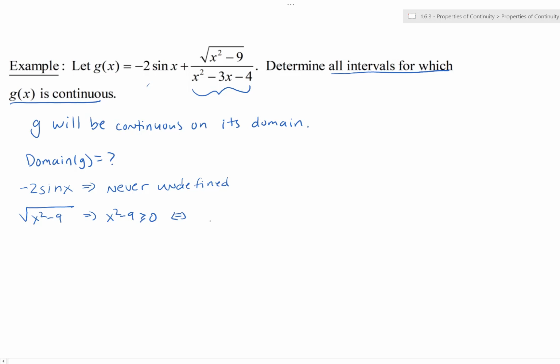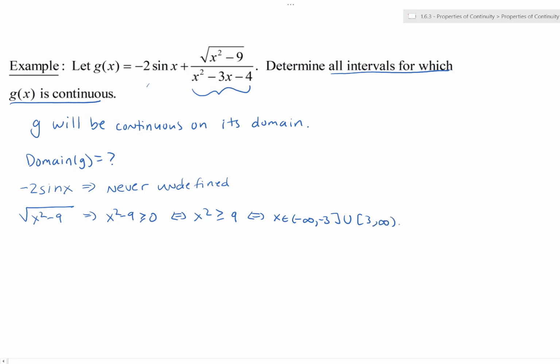And that's the same thing as saying x squared is bigger than or equal to 9, which of course is the same as saying that x has to belong to the interval negative infinity to negative 3, closed, that is, union with 3 to infinity.